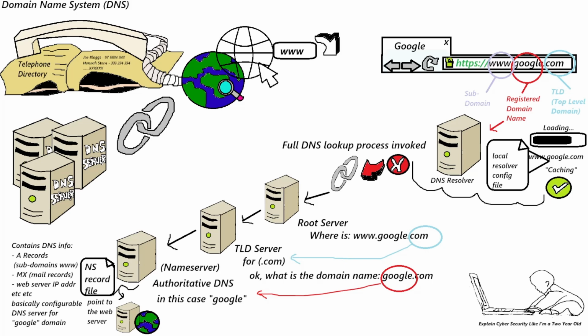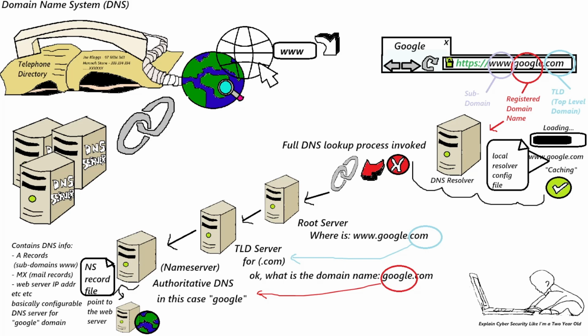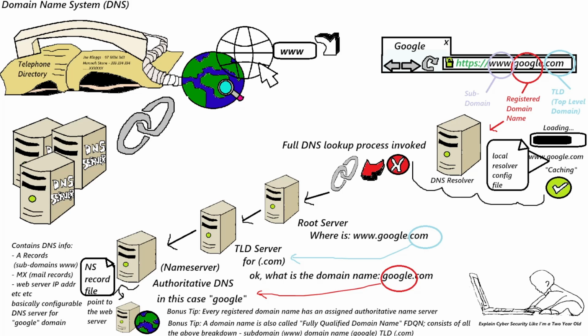Now bear in mind this full DNS lookup process is very taxing and expensive, given all the worldwide routing etc. So what happens is once this is done once, the DNS resolver or local file or host file is then cached with the result, which saves having to do this over and over again, which simply put contains an entry of website domain name to the IP address of the server where it is hosted.